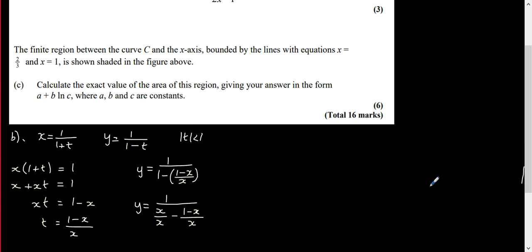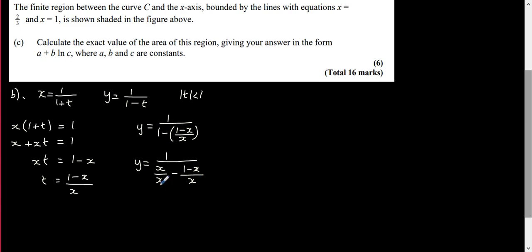And then I'll simplify further, and I'll say, well, x minus 1 minus x is 2x minus 1 divided by x. All right, that's combining these two fractions together, just using fraction arithmetic. And if we're doing 1 over this fraction, then we've got x over 2x minus 1, which is as required.